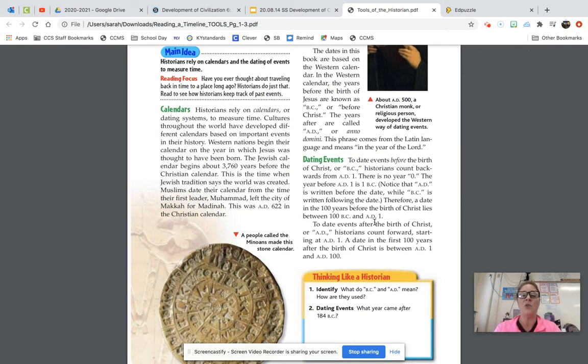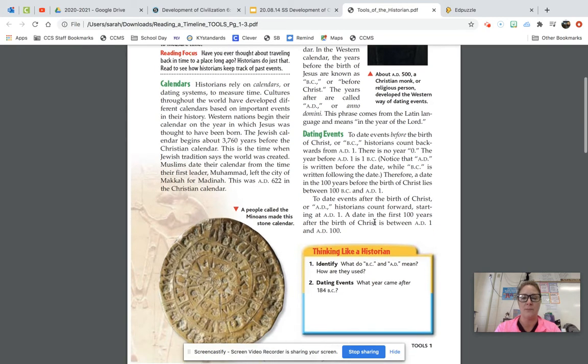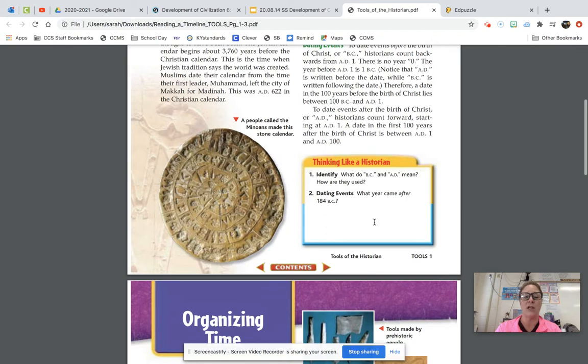Therefore, a date in the 100 years before the birth of Christ lies between 100 BC and AD 1. To date events after the birth of Christ, or AD, historians count forward. Starting at AD 1, a date in the first 100 years after the birth of Christ is between AD 1 and AD 100.